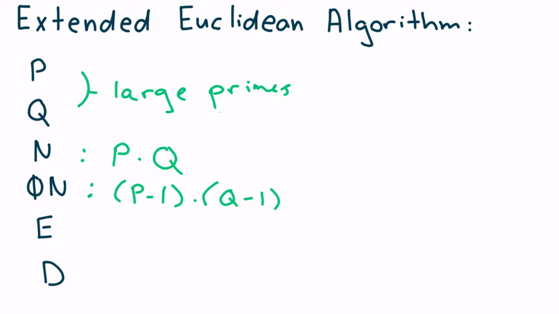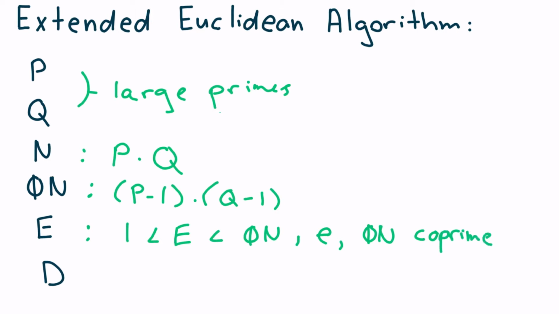generate a value for E such that 1 is less than E is less than phi of N, and E and phi of N are coprime, meaning that they share no common factors other than 1.